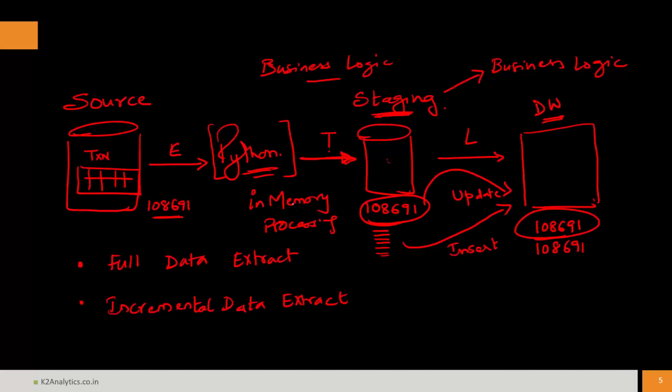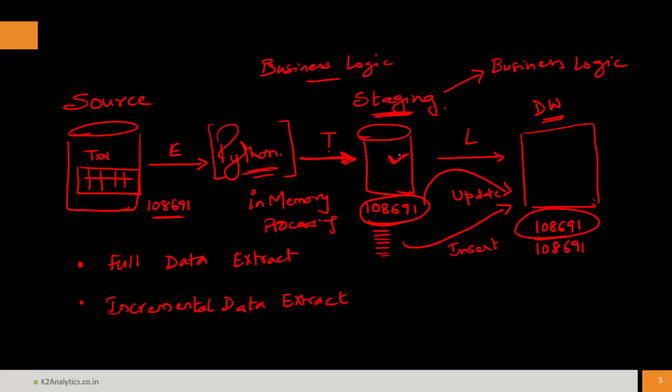If you just use Python for extracting, putting the data in staging, and then doing the transformations in the database, your transformation will run slow. So ideally, if you are using Python or PySpark for ETL, extract data, have the data in memory, do the necessary transformation, and then push data to the staging area.